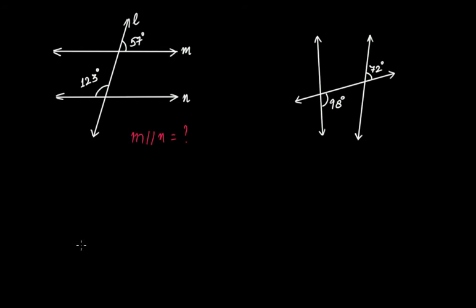Now, if you look at this transversal line here, around this vertex, this angle and this 57 degrees, let us name it as A. So this angle A and 57 degrees are actually a linear pair.